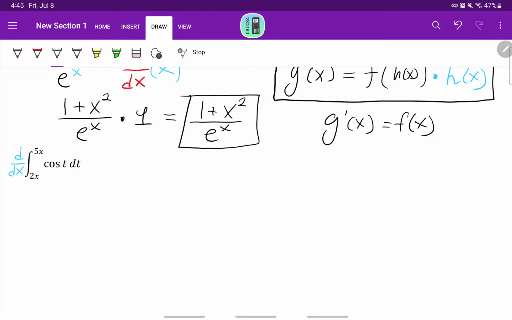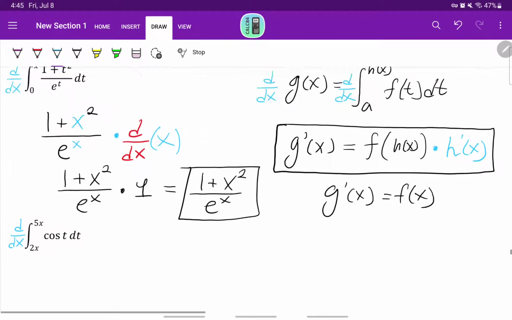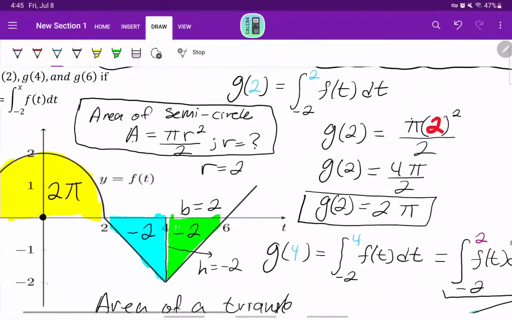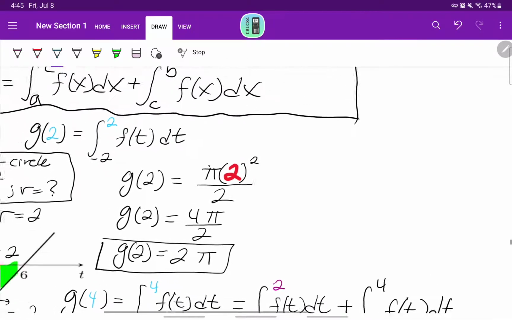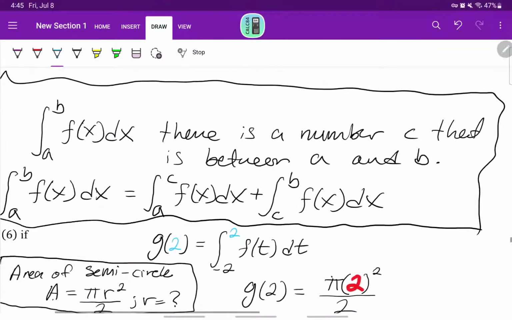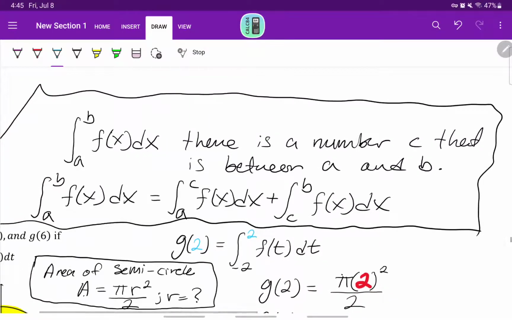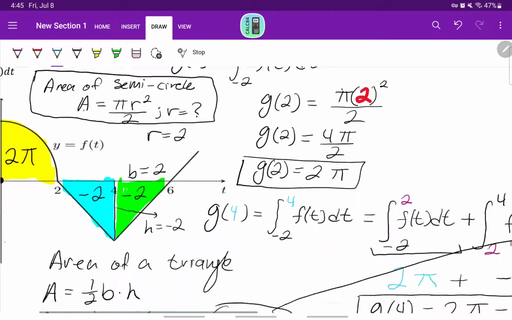Well, just like we see here in question 16, when I scroll up, you can break the integral up based on the rule that I provided in the video for number 16. I'm going to use the same theorem. I'm going to say that there's some unknown number c that is between 5x and 2x for me to break up my integral.